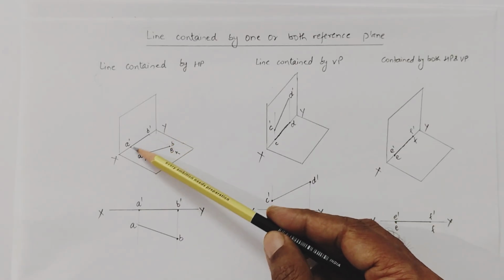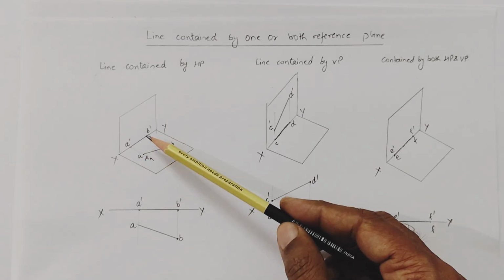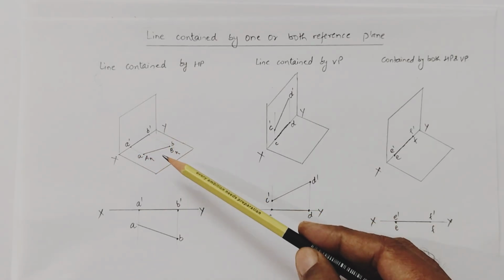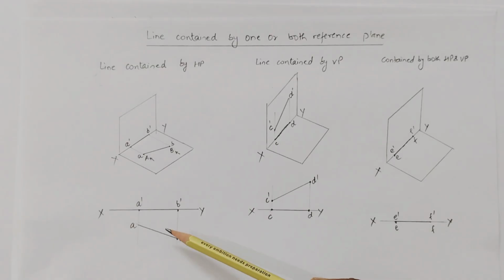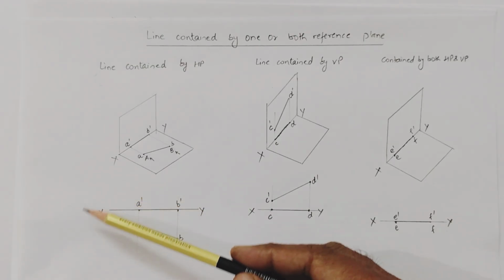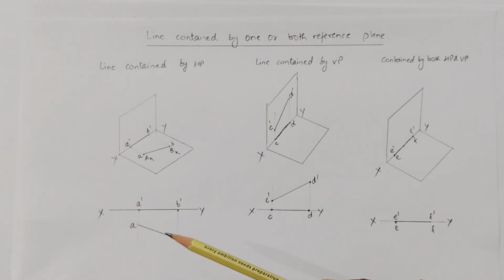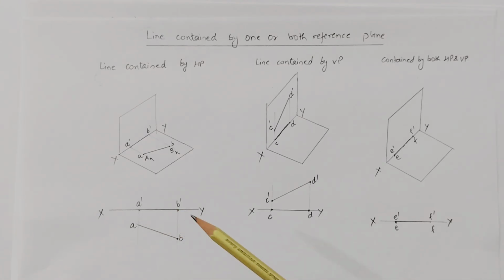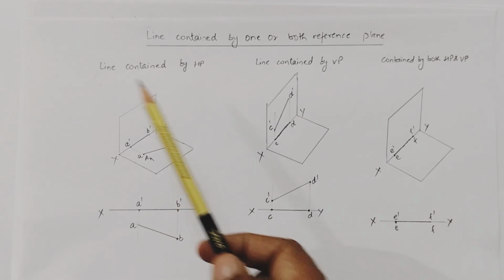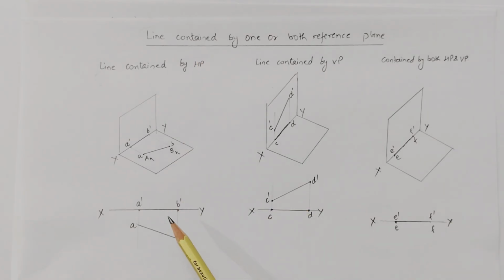So join this a dash and b dash to get the front view of the line, and from the top side we observe point A and join these two points to get the top view of the line. The same we show in this XY diagram to present this in 2D representation. So we have to take two projector lines, one for A and one for B, and join these projections A and B. So we get the case when we have a line contained by the horizontal plane.